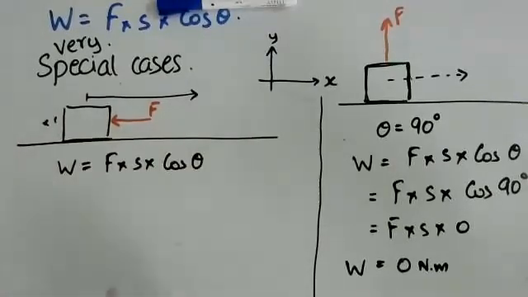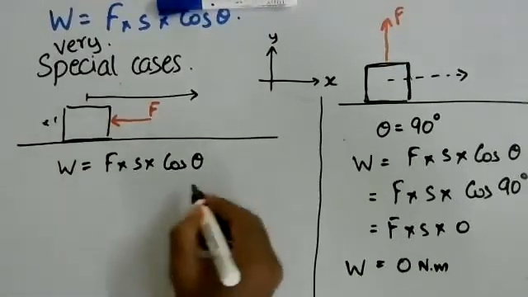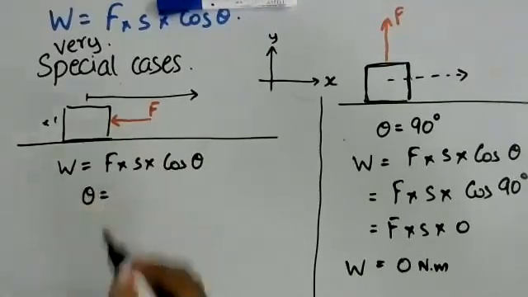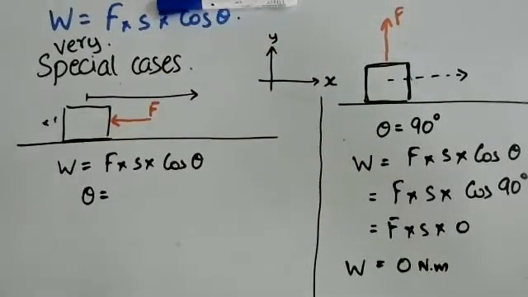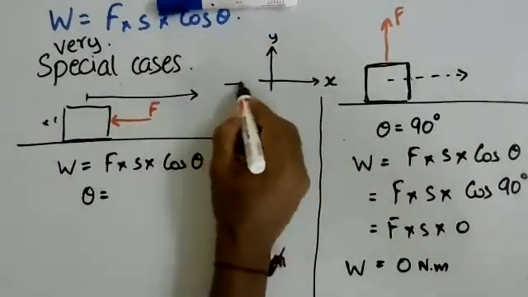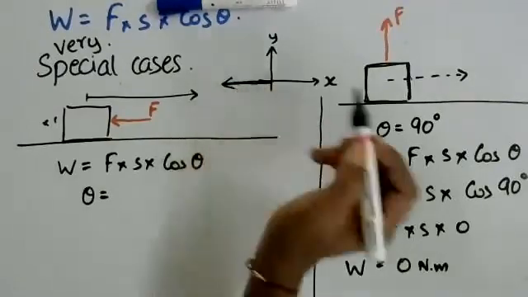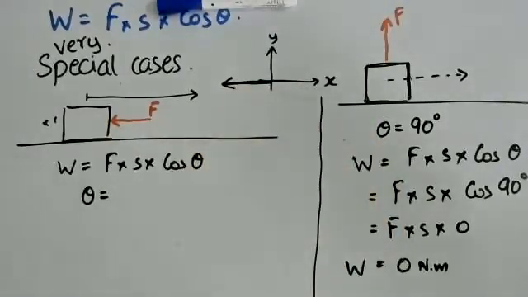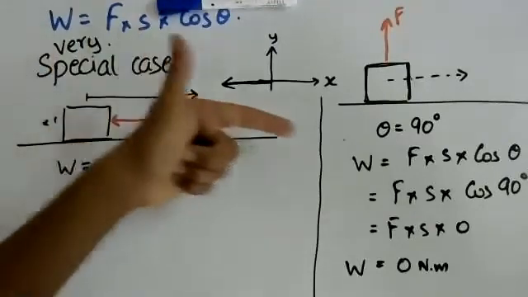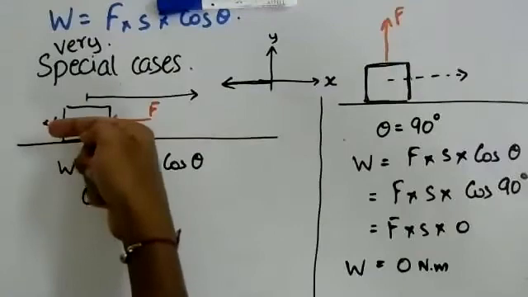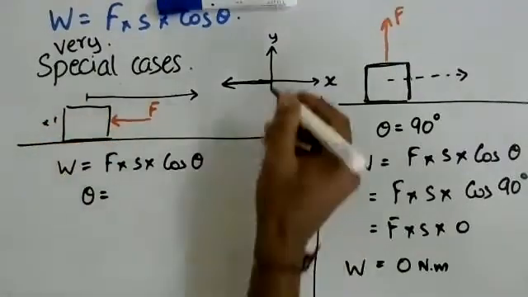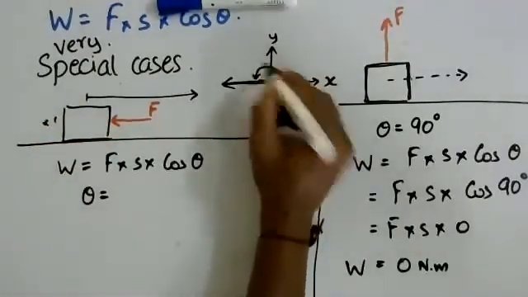Now we have to identify, first of all, what is theta. Theta in this case is again referring to our coordinate system. The displacement is in the positive x direction, but the force is being applied in the opposite direction. So what is the angle between these two things?